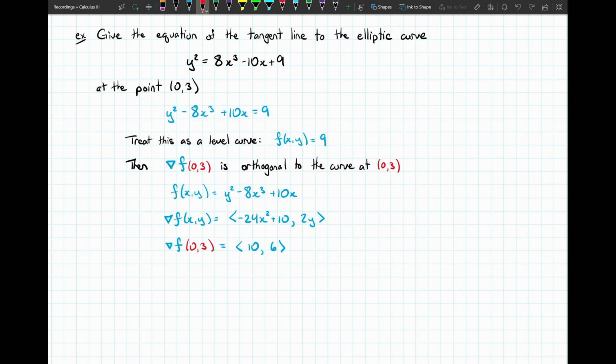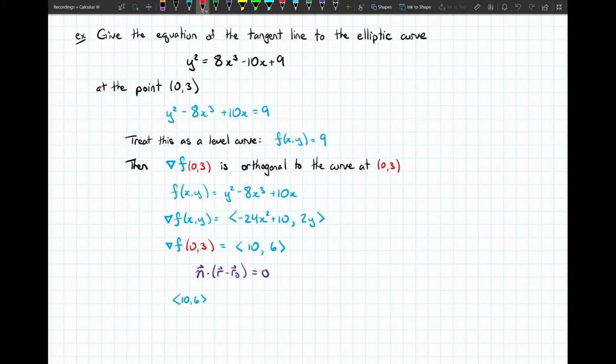Now let's not forget, the way we found a plane in a previous video was just by knowing that we need a normal vector and the position vector of a point on the plane. But this can also be brought back 1 dimension to give us the equation of a line in 2 dimensions. Our normal vector, though, is going to be our gradient, (10, 6).